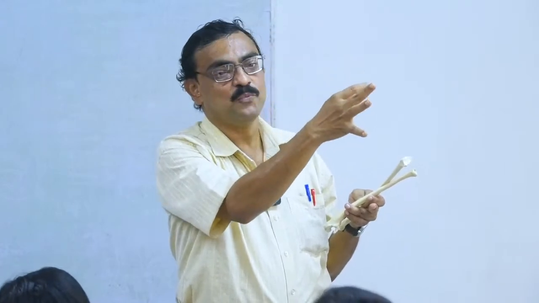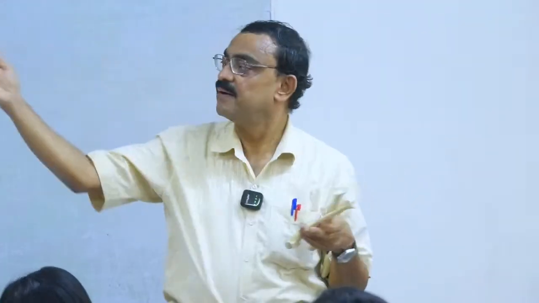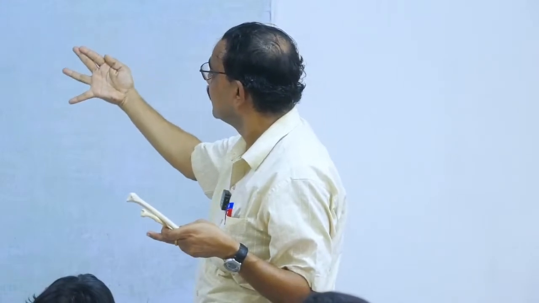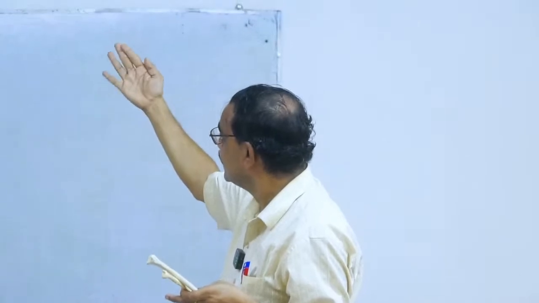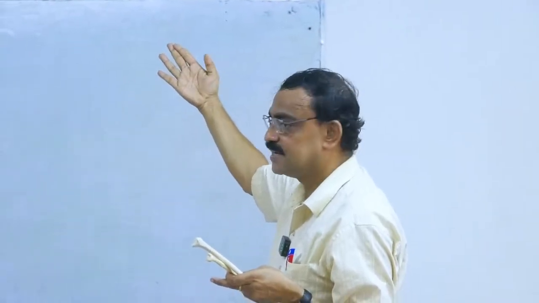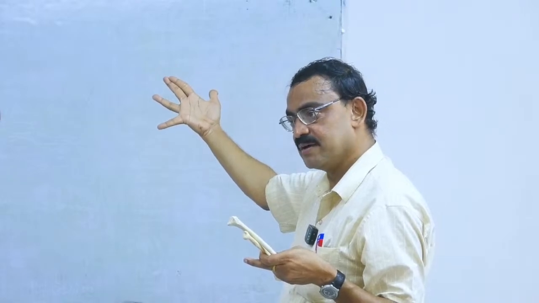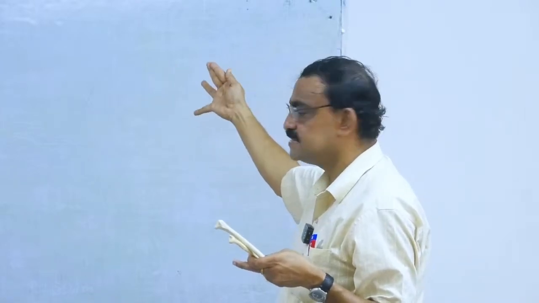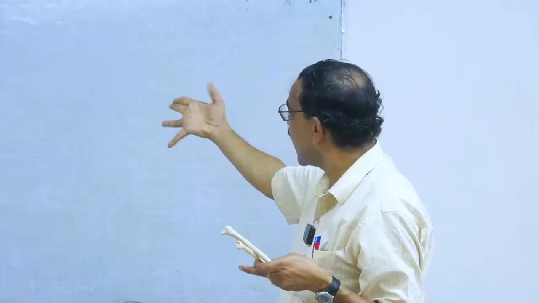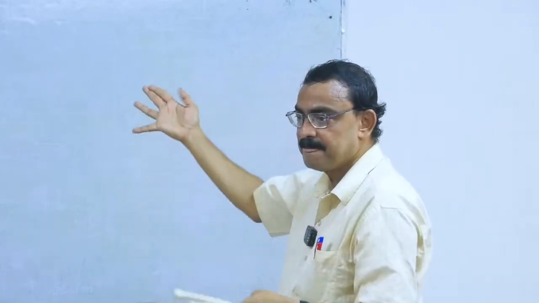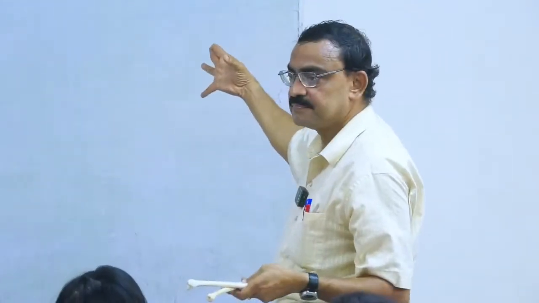Extensor, and this is the abduction in the thumb. Okay. Abduction is at right angle to the plane of the palm.